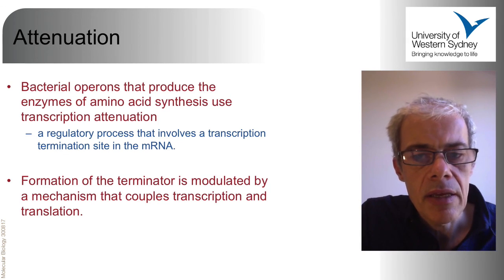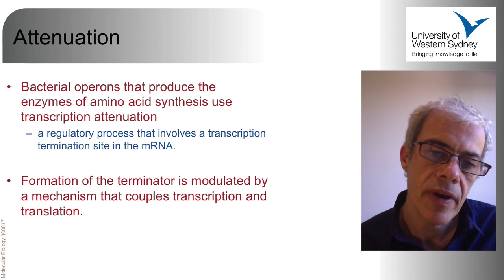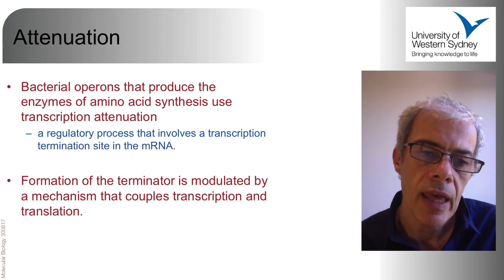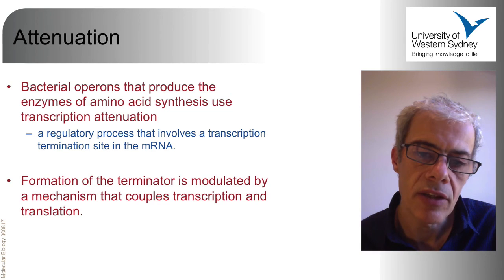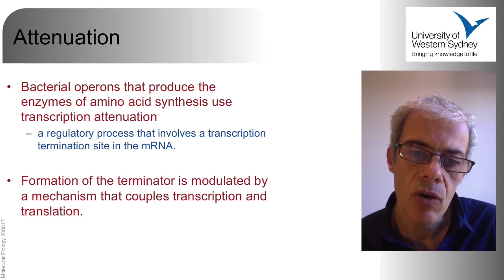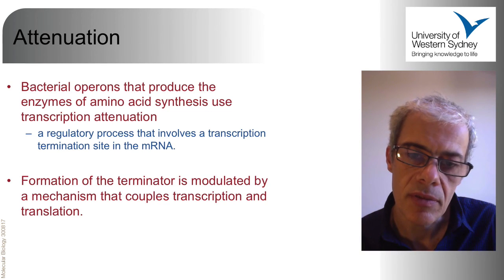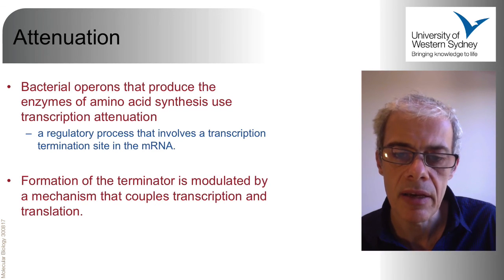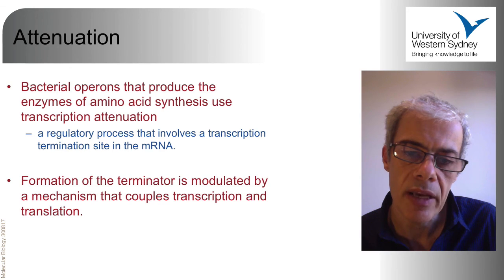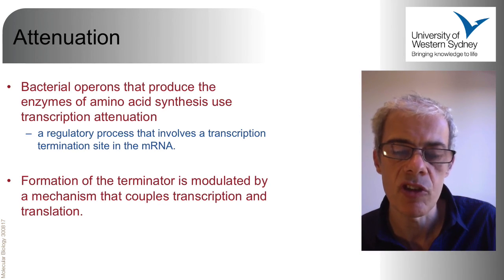And effectively, this process takes advantage of the fact that translation is coupled to transcription in bacteria, and the formation of a terminator in the messenger RNA is based on whether or not the amino acid is present in the cell. So the presence of tryptophan affects the formation of the terminator, and in that way, if tryptophan is present, the terminator forms and transcription is stopped.